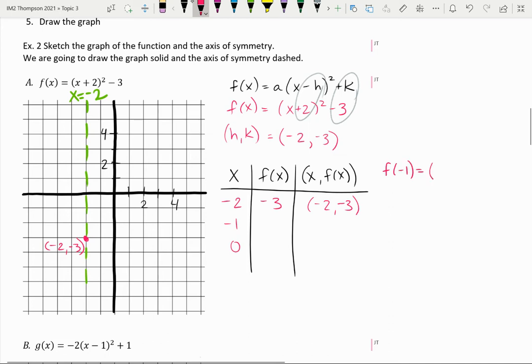I'm going back to my original equation, f of x equals x plus 2, quantity squared, minus 3, and I'm plugging in -1. I've just replaced every x with a -1.